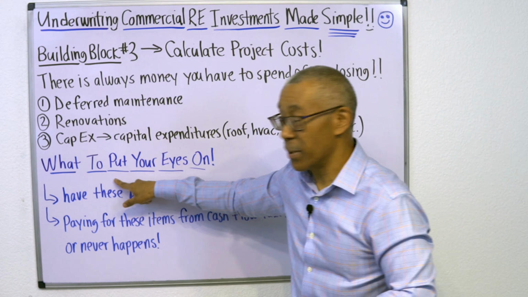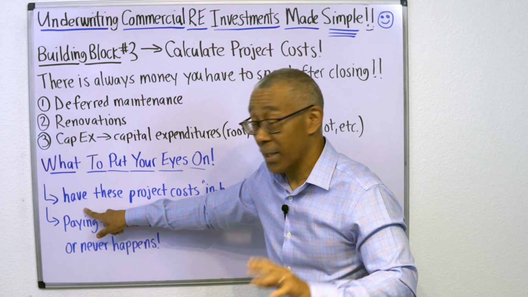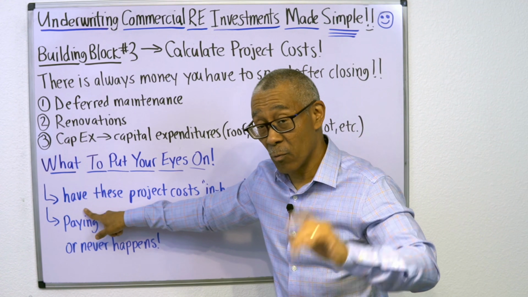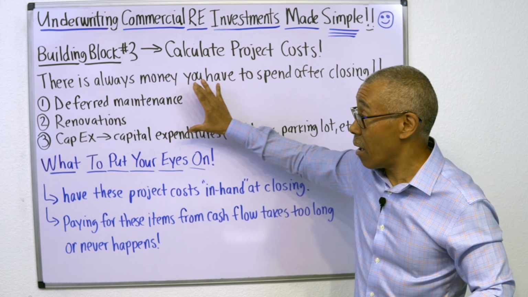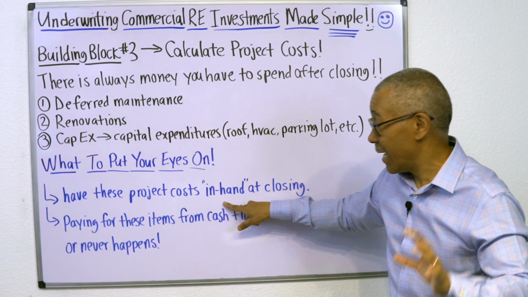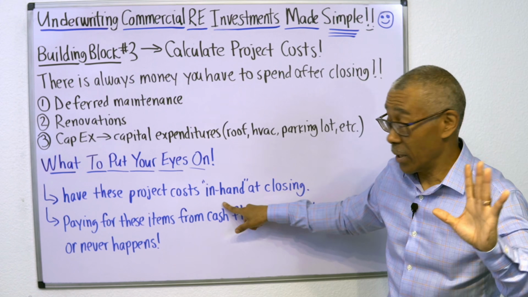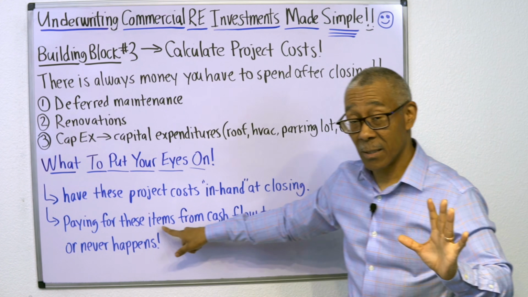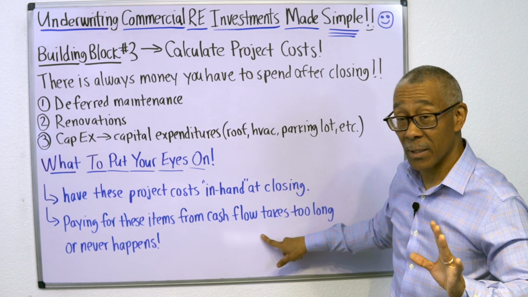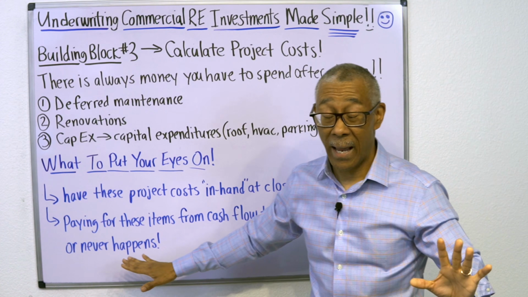So here's what to put your eyes on. Number 1, well, this is just one: have these project costs in hand at closing. Okay, paying for these items from cash flow takes too long or never happens.